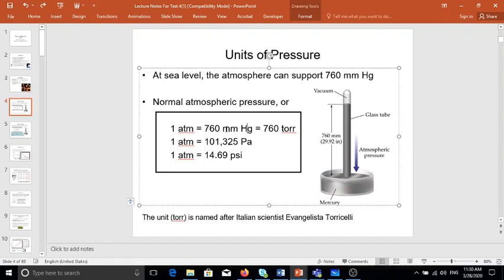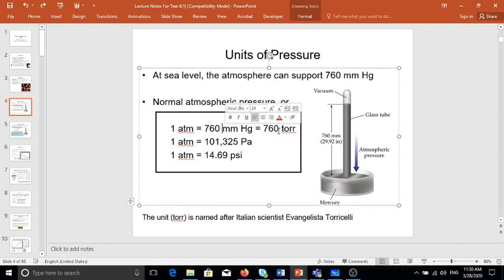The other thing about millimeter mercury is that it's completely exchangeable with another unit called torr. If we say 1 atm pressure is the same as 760 millimeter mercury, that equally means 760 torr.